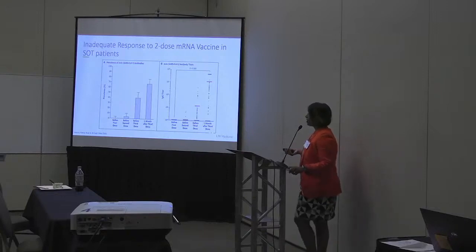And this is what I alluded to for the 2-dose series with mRNA vaccine and SOT patients. And so this is just more of that data in particular. And this is looking at antibody titers.